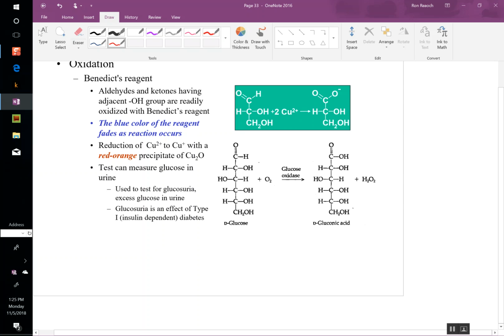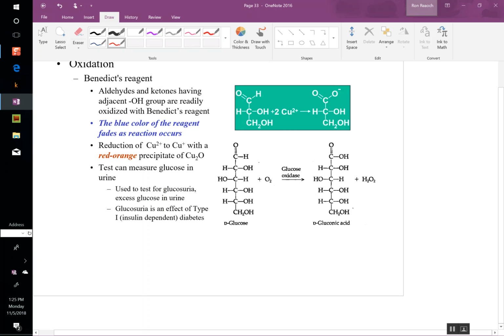You can use Benedict's reagent to oxidize glucose to gluconic acid, and the Benedict's reagent is blue and it turns red. All right, so that's your Benedict's test for a reducing aldehyde or a reducing sugar.